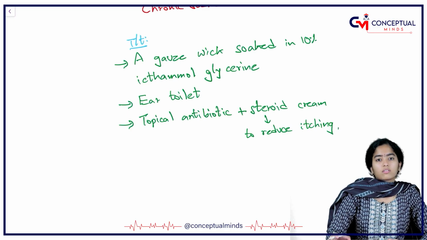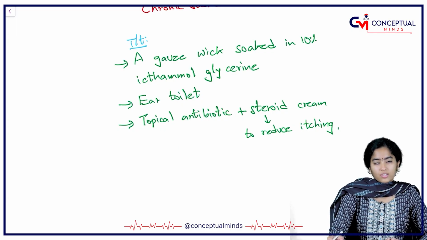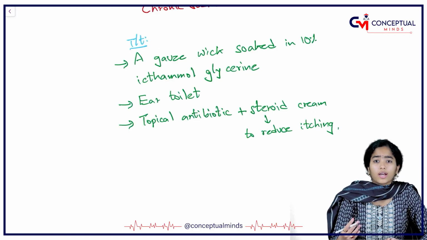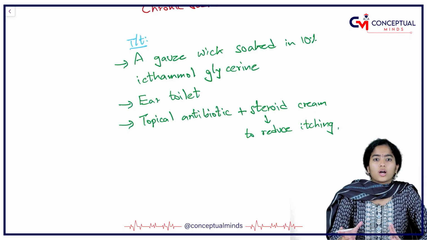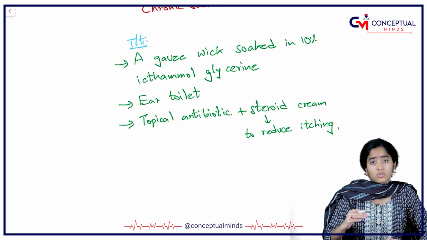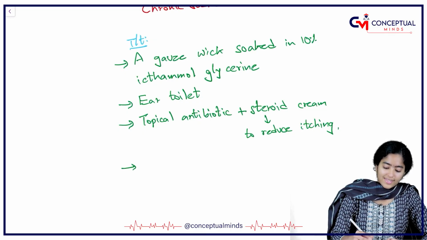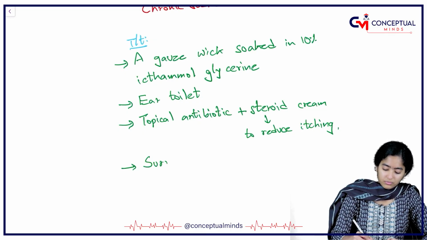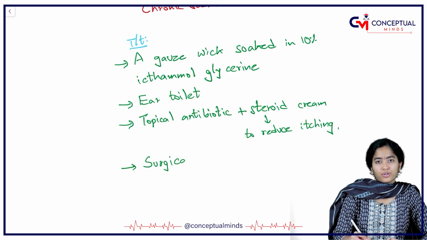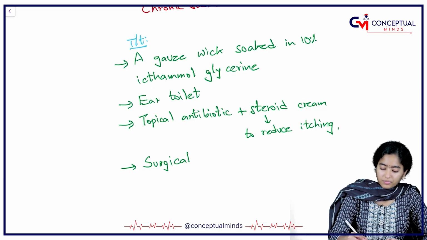And in case the patient has already gone into chronic stenotic otitis externa, that is, the meatus is so narrowed that it does not allow any local treatment, and that is also causing hearing loss, then we have to go for surgical excision. Then we have to go for surgical reconstruction of the canal.